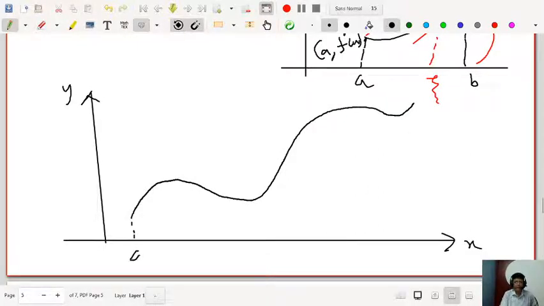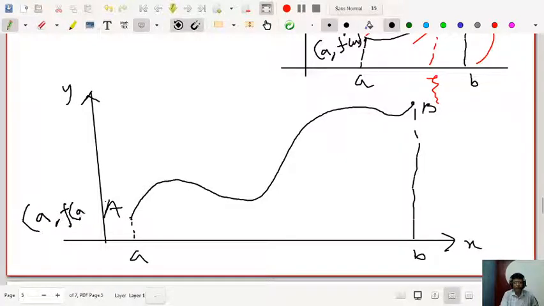So this is your A point, this is your B point, and its coordinate is (a, f(a)), and its coordinate is (b, f(b)), right?